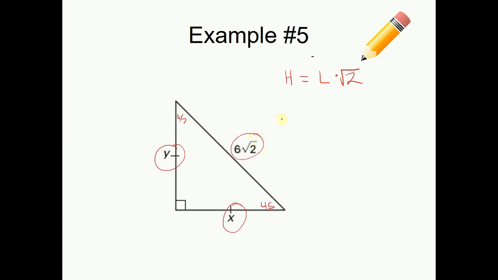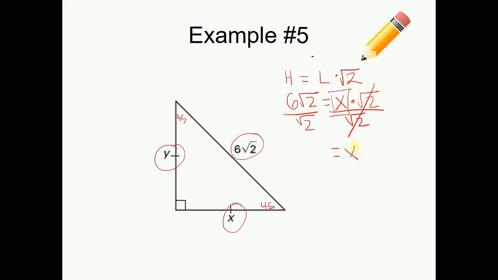Hypotenuse, that's this guy, 6 square root of 2, equals a leg. Well, I'm just going to use x for the leg, because if I find x, I'm going to get y as well. So x times the square root of 2. Now notice, guys, x is not alone, so we do need to solve for him. Ooh, got to divide by the square root of 2. So then divide over here. Square root of 2 divided by square root of 2, that's going to cancel down to 1.